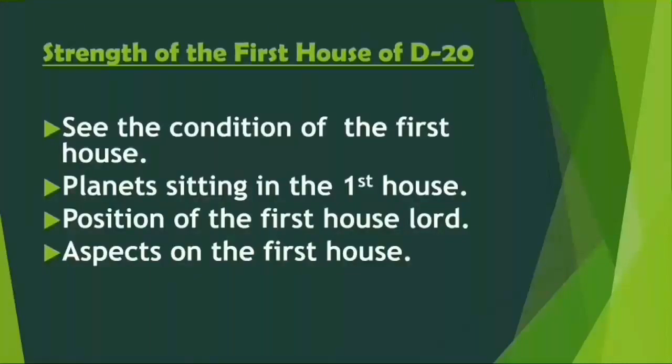So how to see the D20 chart? How to analyze the D20 chart? The first thing to be done is to see the condition of the first house of the D20 chart. Which planet is sitting in the first house? And which house does that planet belong to? Like, is it the lord of the 4th house or 5th house which is sitting in the first house? Then you have to look where the first lord is sitting.